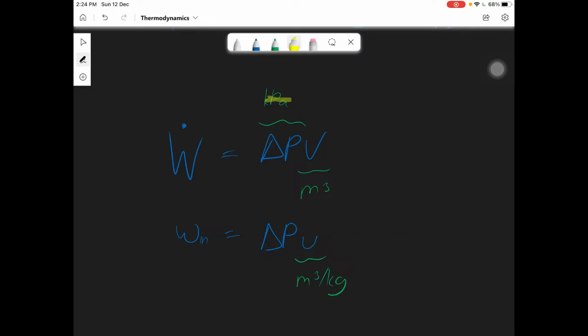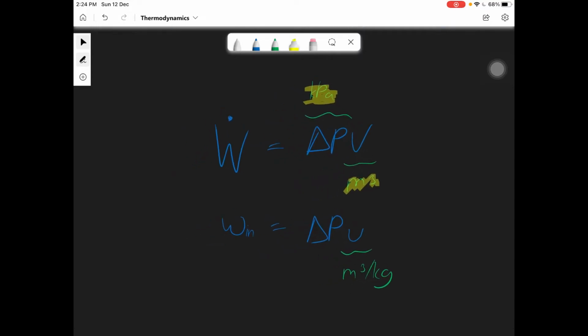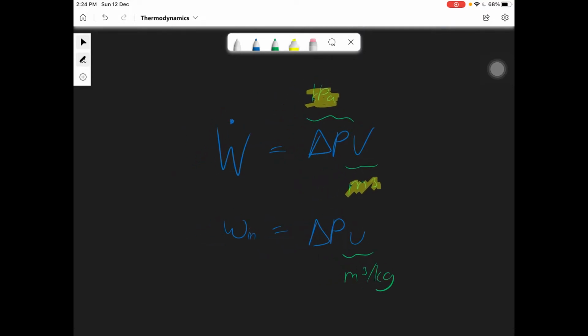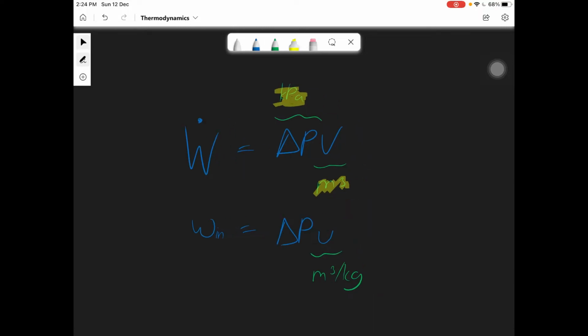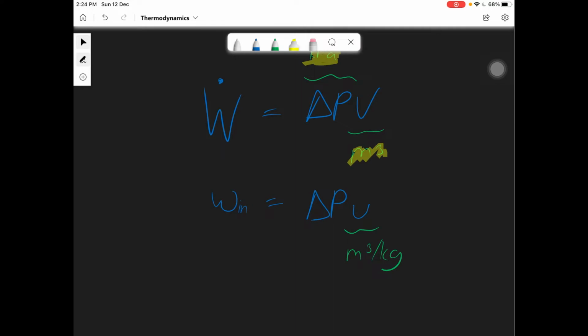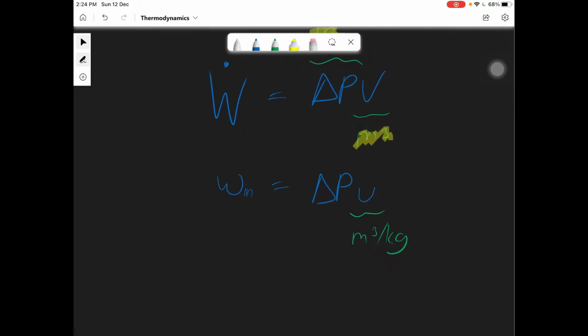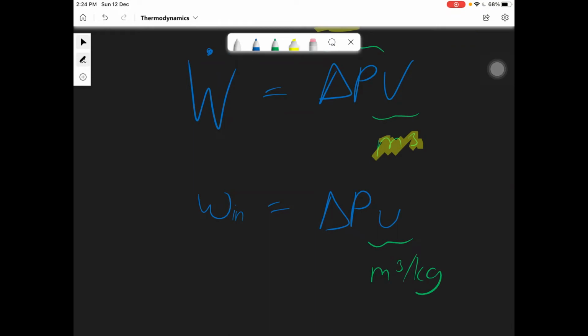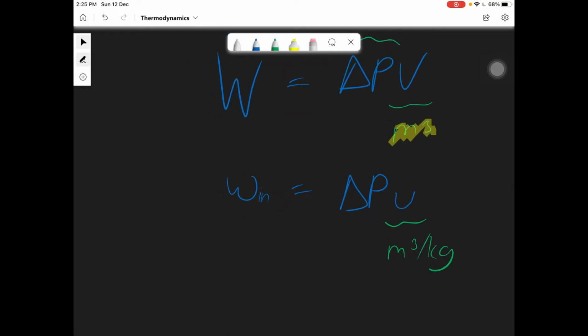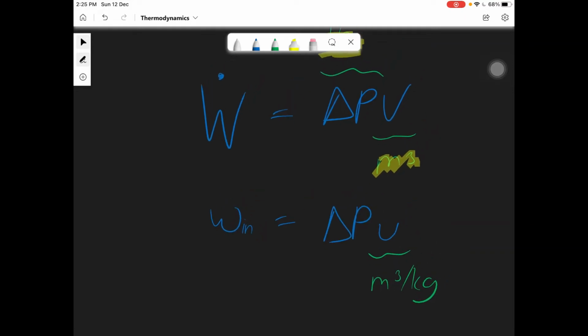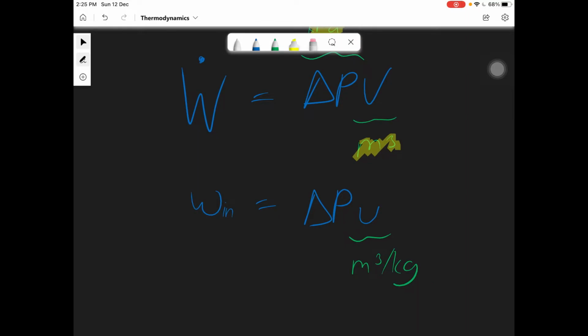And usually our unit for delta P will be kilopascal, our unit for V will be meter cube. However, we are not given the value of the volume in meter cube, but we have been given the specific volume value from table A5. This is denoted as a small v. So we can rewrite our equation as small w in equals delta P multiplied by specific volume, small v. And specific volume's unit is meter cube per kilogram.